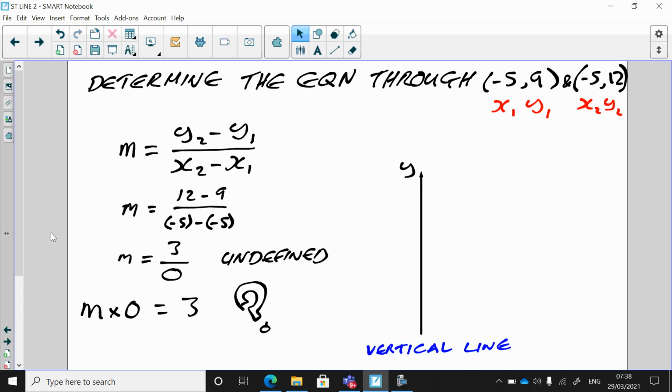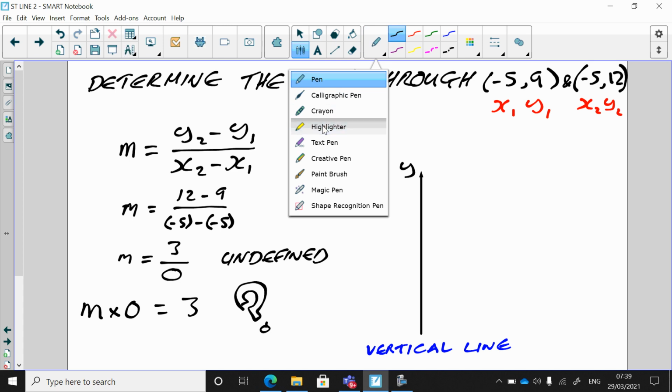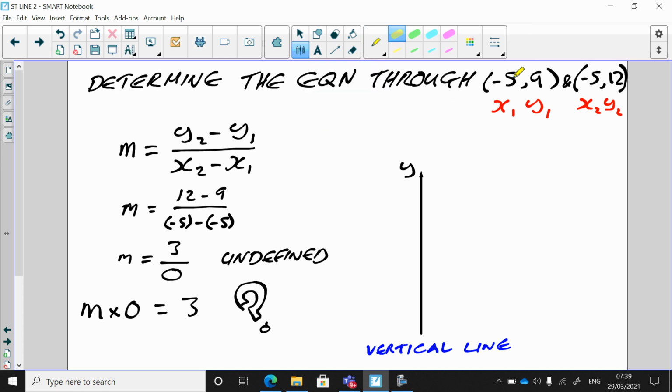So here, I put in a vertical line there for y. So as soon as our gradient is undefined, well, y, there's a y-axis, its gradient is undefined, but our line, so did you notice what they had in common?